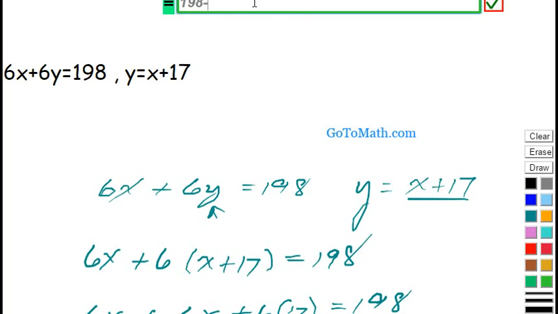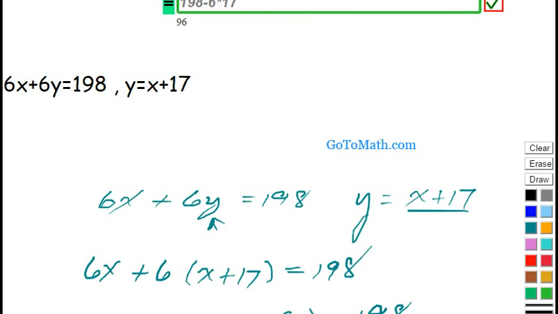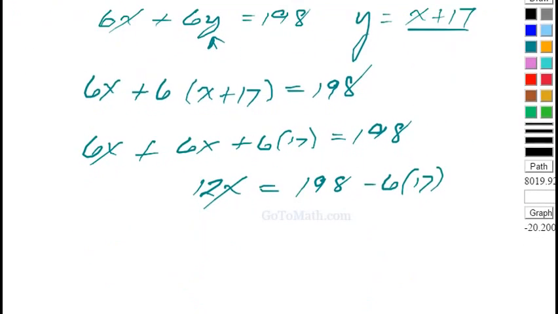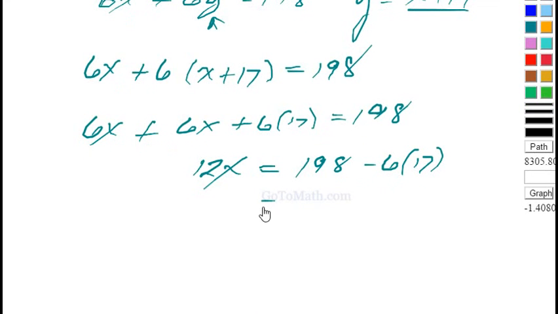You know, I got a calculator up here, might as well use it. 96. So 12x equals 96.